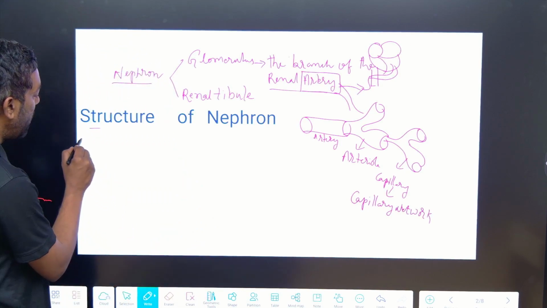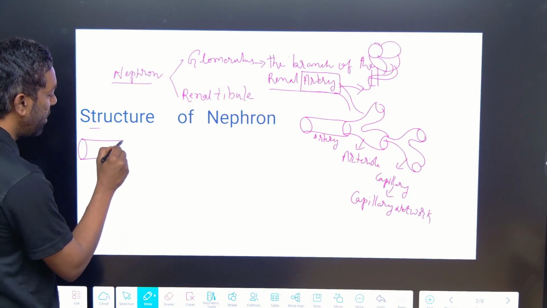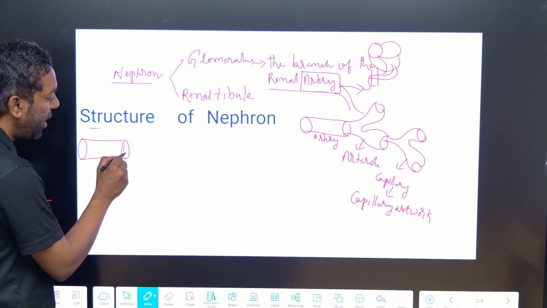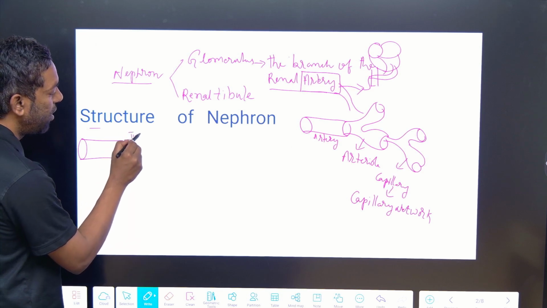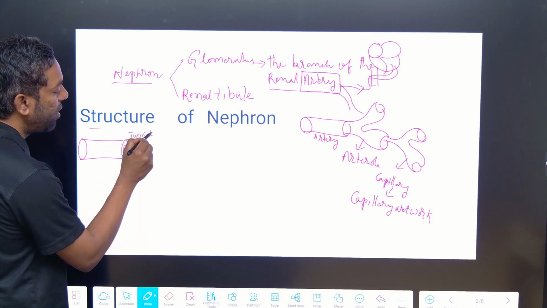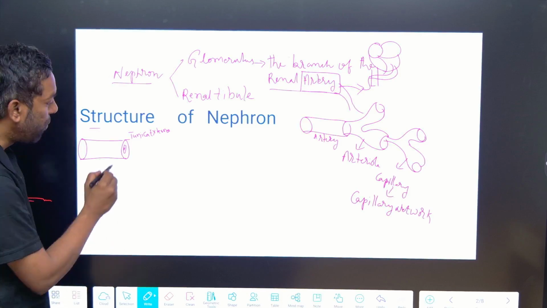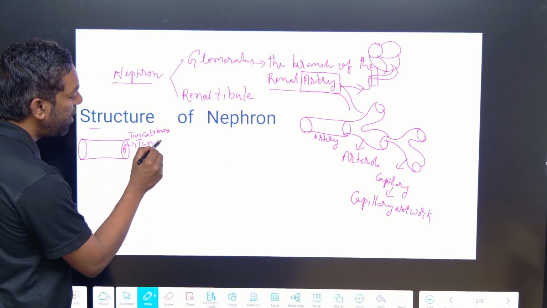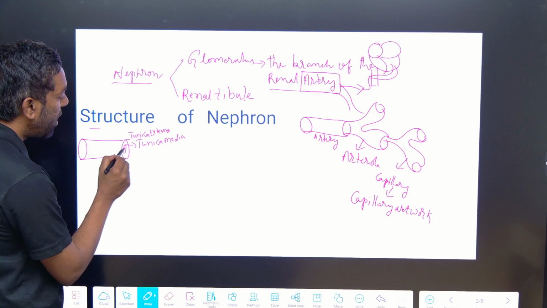The renal artery has three layers: tunica externa, tunica media, and tunica interna.